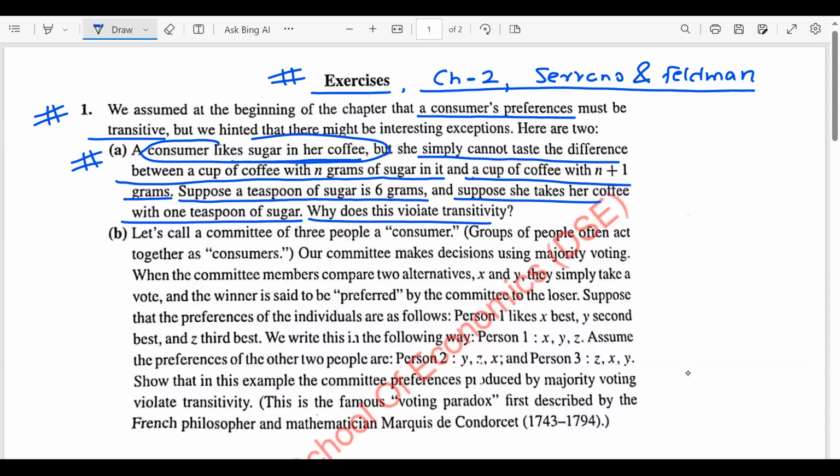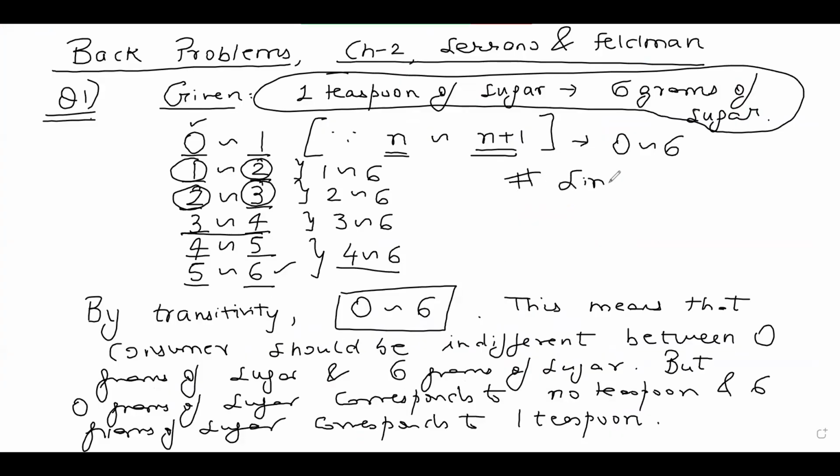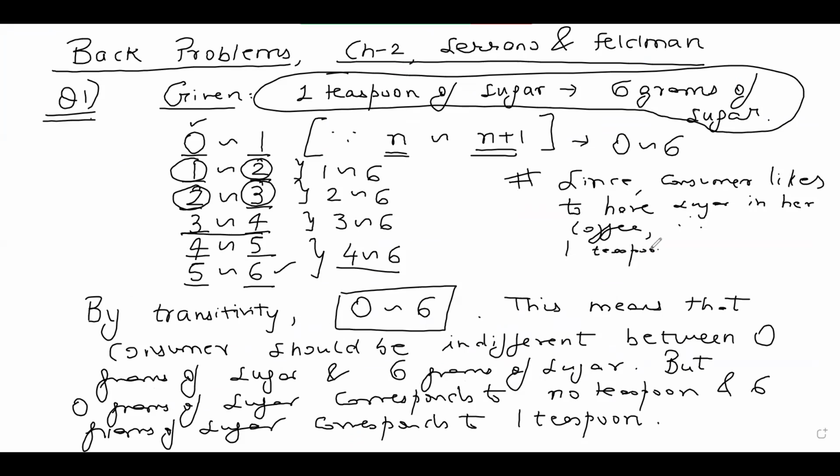So I can write, since the consumer likes to have sugar in her coffee, therefore for this consumer, 1 teaspoon of sugar gives her more satisfaction or more utility than 0 teaspoons of sugar. 1 teaspoon of sugar contains 6 grams. It should give more satisfaction than 0 teaspoon of sugar, which contains 0 grams.